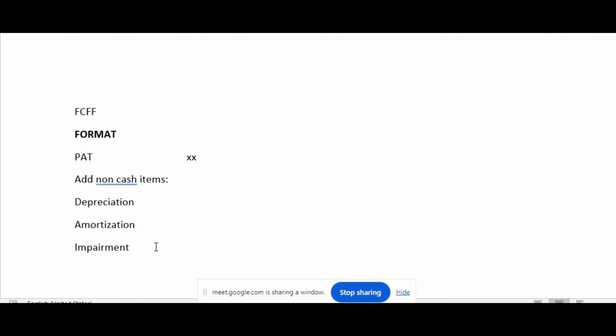Now, these are non-cash items, class. Now, these non-cash items will already be deducted in the profit or loss account. But when you get to this free cash flow, what do you do? You add it back.